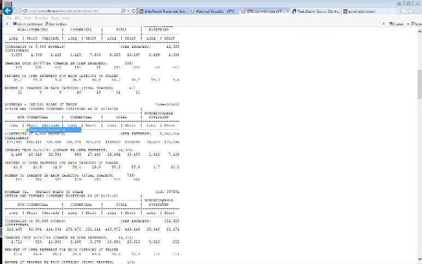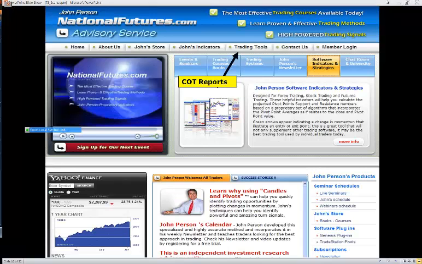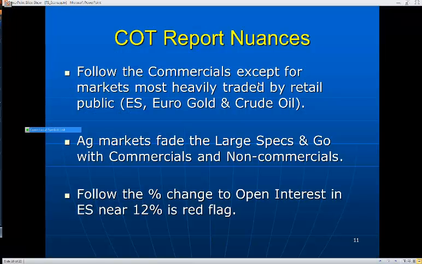A huge move. So is this information viable? Yes. Is it good for short-term traders? Yes. Is it effective for longer-term traders? Most definitely. And how do you find that? Well, I've just shared with you on the report. This report works for the S&P 500, the euro, gold, crude oil, nat gas, and that's how we share it.